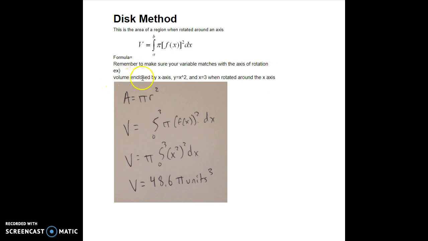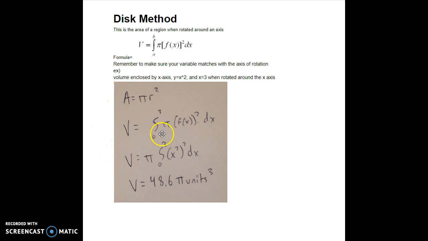So this example is the volume enclosed by the x-axis, the formula y equals x to the power of 2, and x equals 3 when you rotate this around the x-axis. So our area, pi r squared, this is how you derive the volume formula.